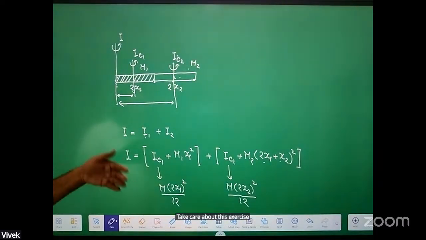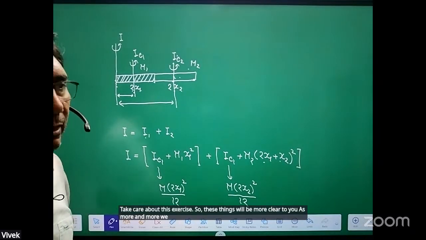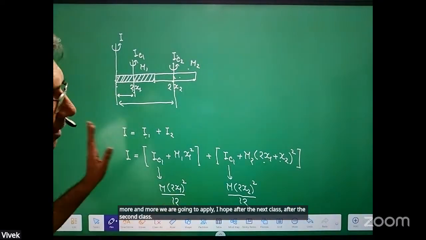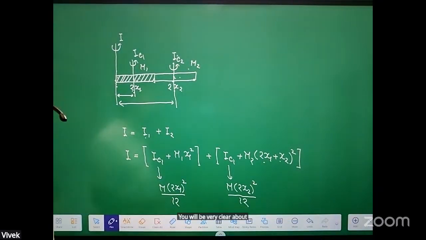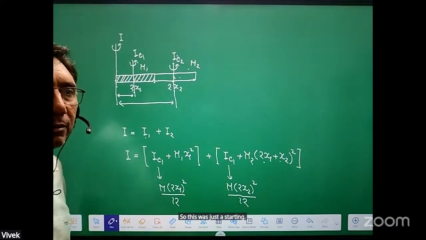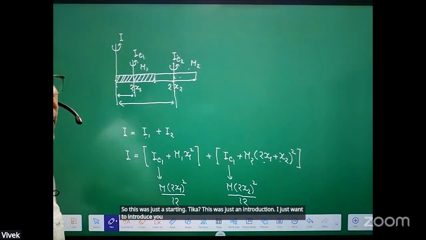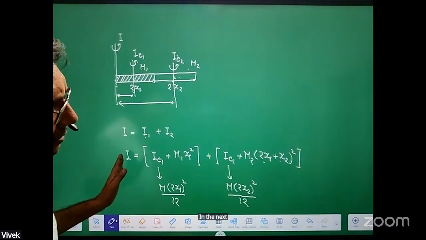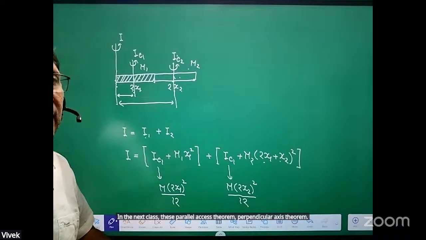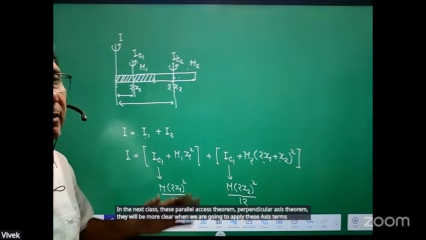These things will become more clear to you as more and more we apply them. I hope after the next class, after the second class, you will be very clear about this part of moment of inertia. So this was just a starting, just an introduction. I just want to introduce how we are going to move forward. In the next class, the parallel axis theorem and perpendicular axis theorem will be more clear when we apply these axis theorems to different cases.